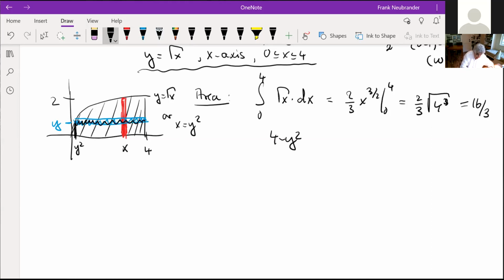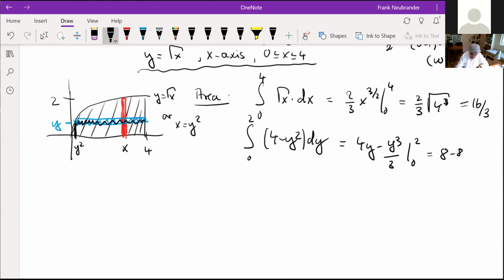Right minus left is 4 minus y squared. I multiply this with the thickness of the rectangle, that is a dy, and I add this all up between 0 and 2. That should also give me the area. So in this case, it's 4y minus y to the 3 over 3, where I plug in 0 and 2. So it's the same as 8 minus 8 thirds, which is 24 thirds minus 8 thirds. So again, yes, it's 16 thirds, that is correct.